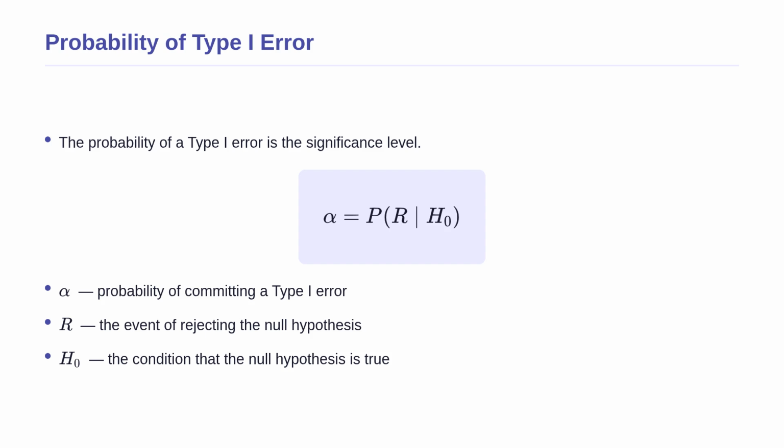So this equation translates to plain English as the probability of rejecting the null hypothesis given that the null hypothesis is actually true. Alpha is also known as the significance level of our test. If we decrease alpha, we make our test stricter, which reduces false alarms, but unfortunately increases the chance of missing a real effect.